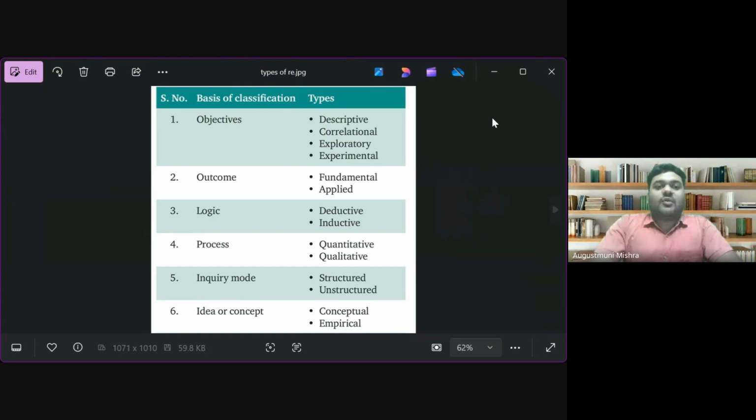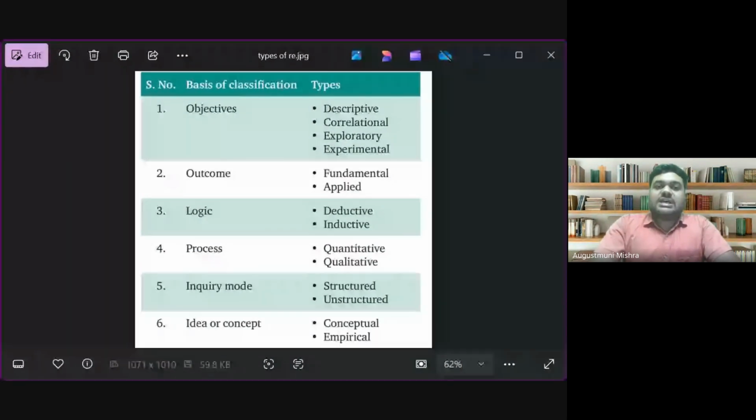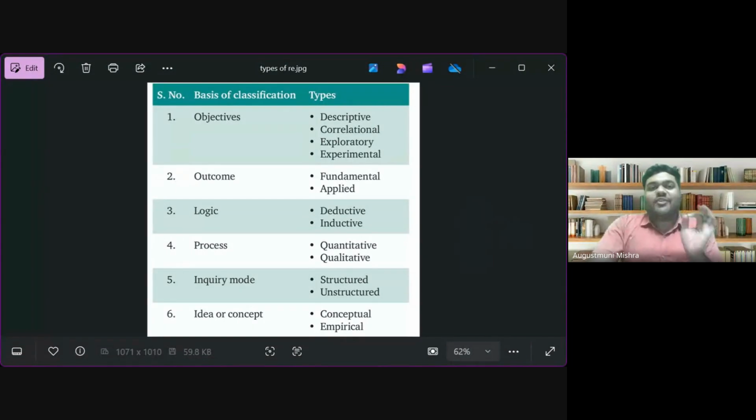So, when we talk about the first type, that is descriptive research, the main objective of descriptive research is describing the state of affairs as it prevails at the time of study. Okay. Means whatever you are going to research about, you are talking about it in detail.